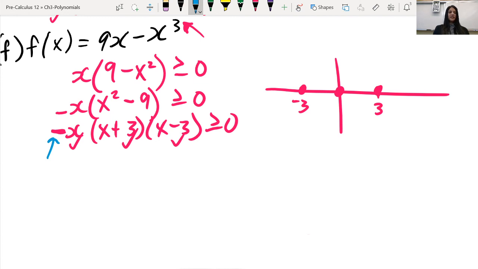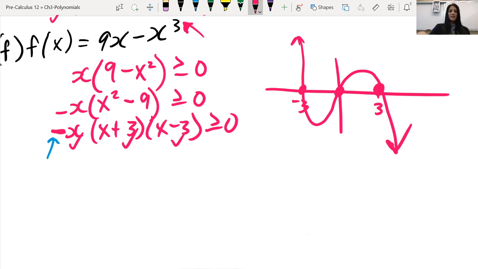Since it's negative, I know it's a flipped upside down cubic, which means I'm going to start facing up in quadrant 2 and finish down in quadrant 4. If I look here, there's no multiplicity of 2 or 3, so I'm just crossing through at each of these points. Oh, I missed the last one, but that's basically what it would end up looking like.